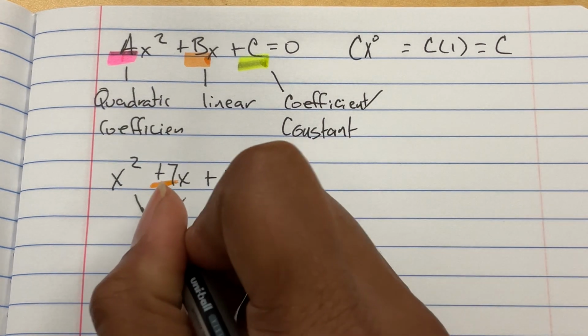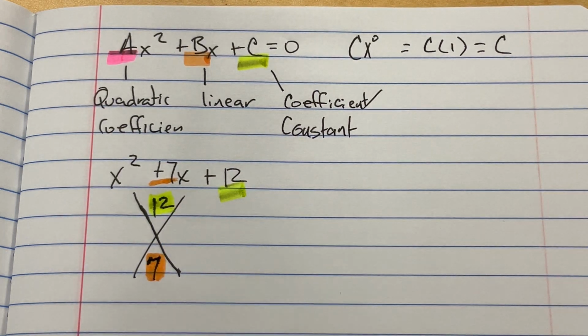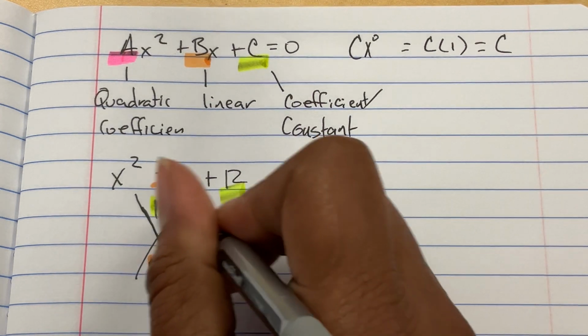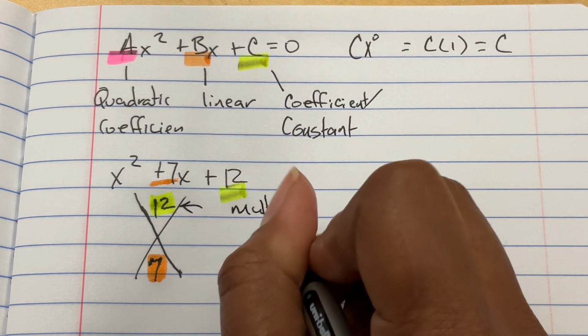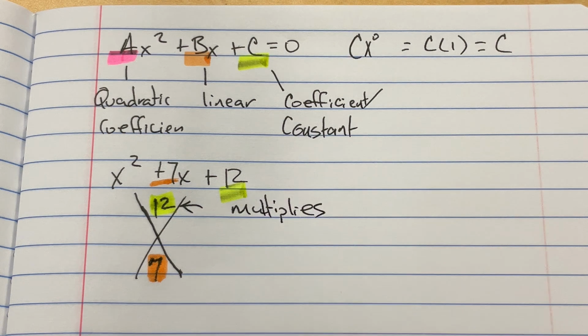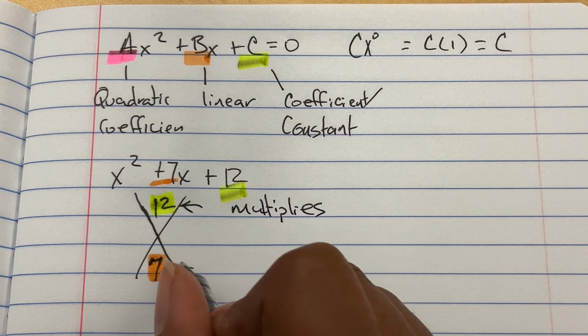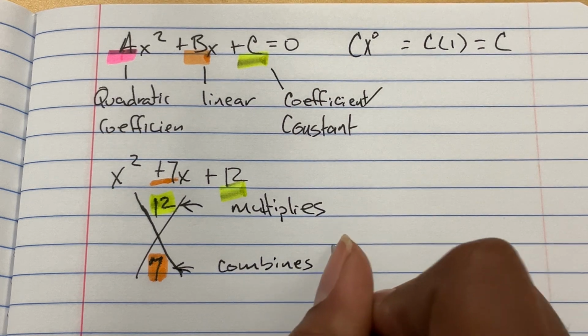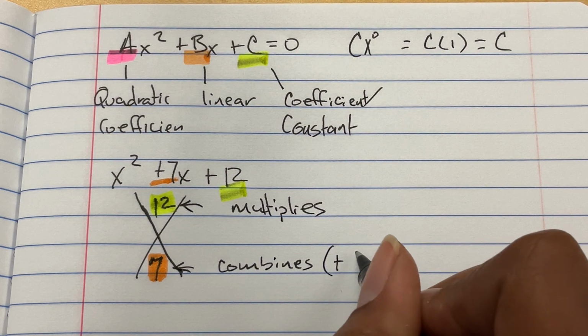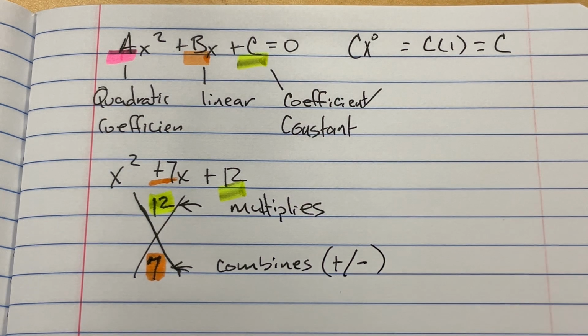So if we put the 12 here and we put the 7 here, that means what multiplies to give you 12 and combines to give you 7? The reason why we say combine is because that could be addition or subtraction.